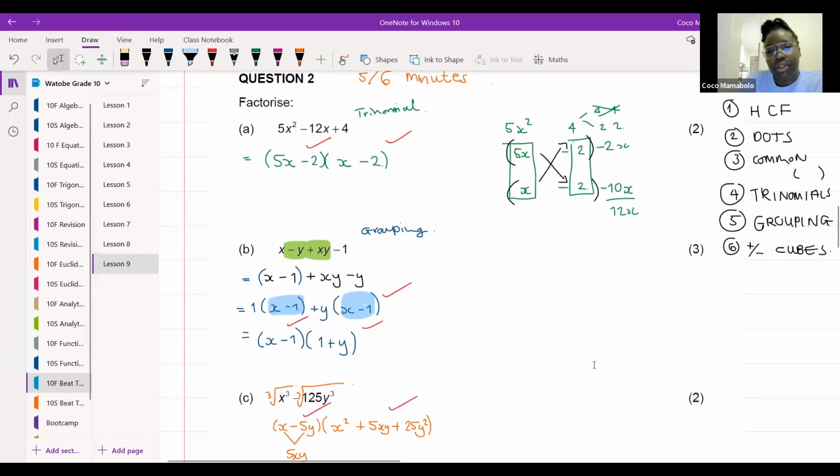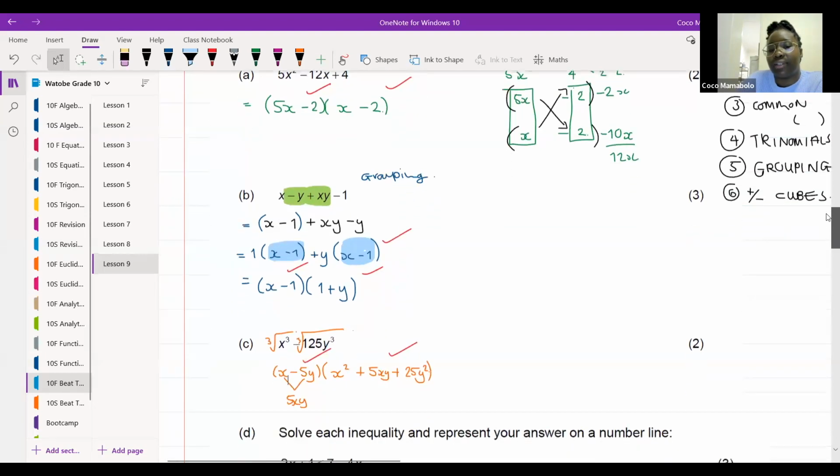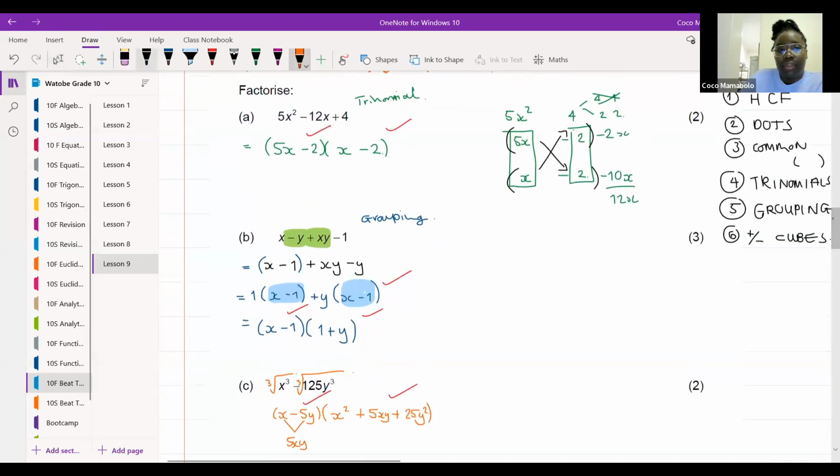Anam, are you asking me to scroll up or down? Oh, the answer for C. There's the answer for C, the one you're looking at over here in orange. That's what we're looking for. Ramufila 2C, we've done many cubes, so we shouldn't be having that big an issue with cubes right now.